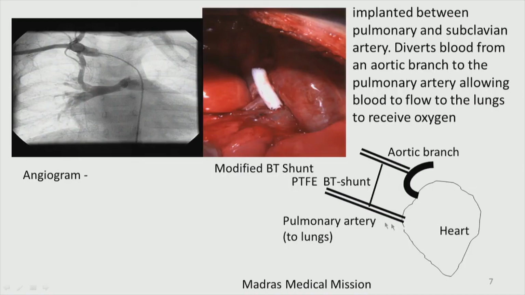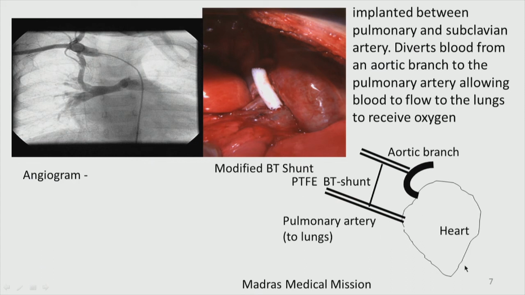If the child becomes older and is able to sustain an open heart surgery, then the doctors open the heart and patch up the hole that is present inside the chamber. Okay. So, once the hole is patched up, then the blood will definitely go into the pulmonary artery to the lungs to get a sufficient amount of oxygen.